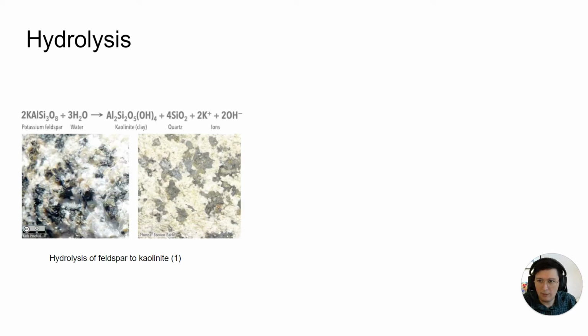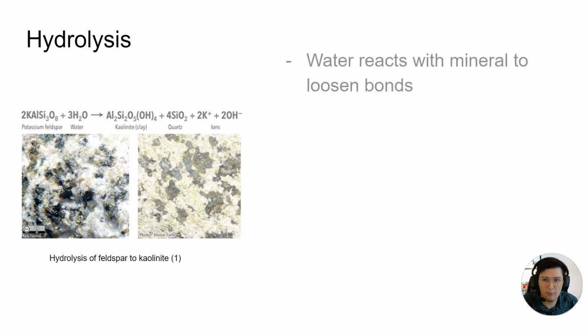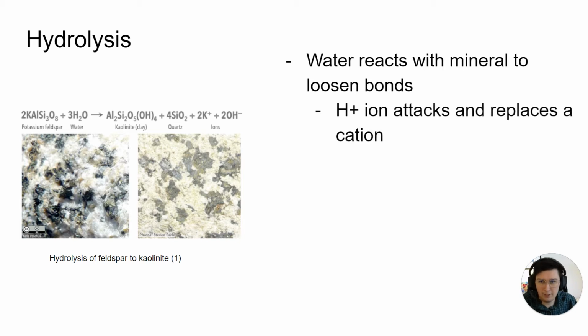So let's talk about one of the simplest ones, which is hydrolysis. Hydrolysis is just when water reacts with a mineral to loosen the bonds in that mineral structure. If you remember, water is H2O, but it also exists as hydroxide and hydrogen ions in solution in small amounts. In hydrolysis, one of those hydrogen ions can attack and replace one of the cations in a mineral.